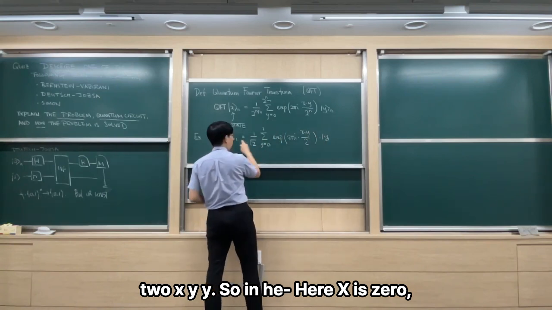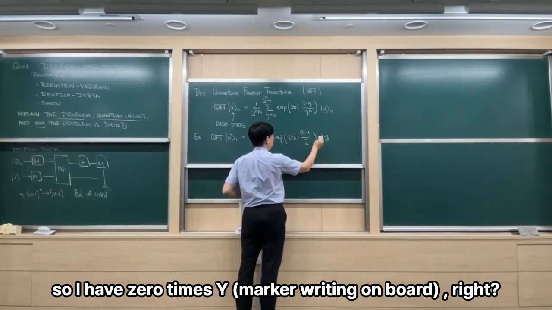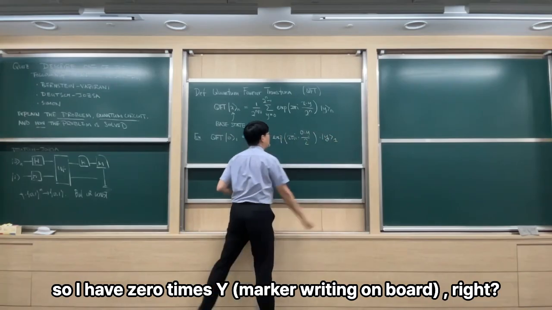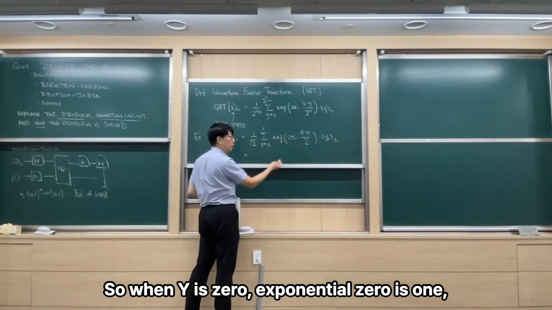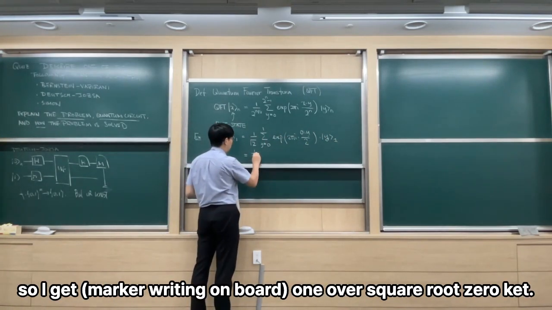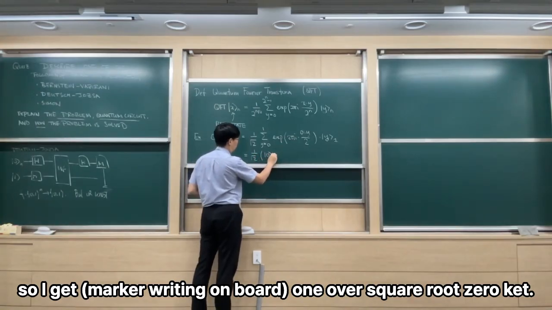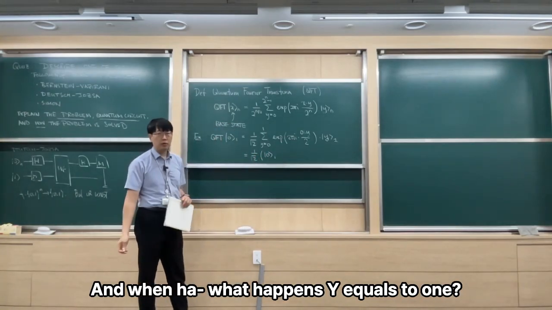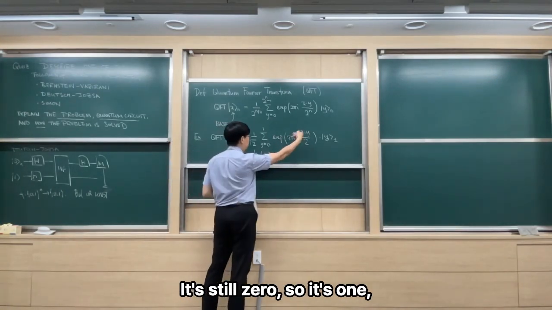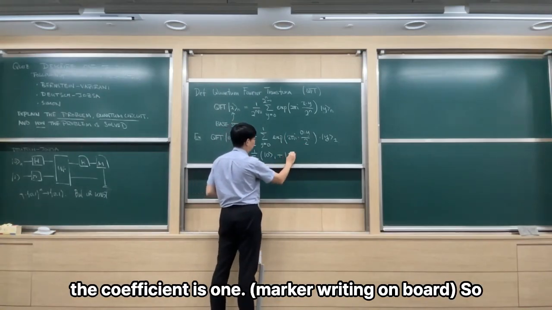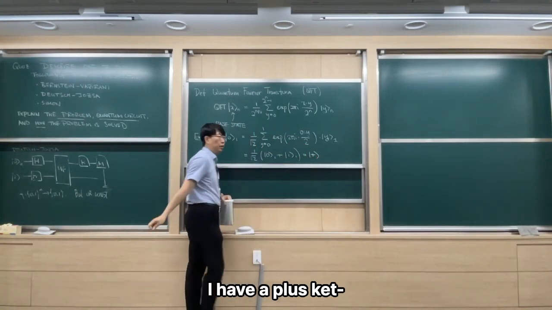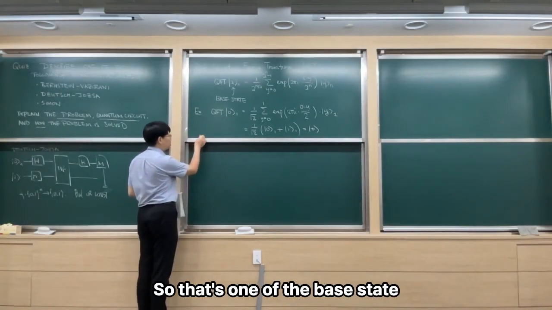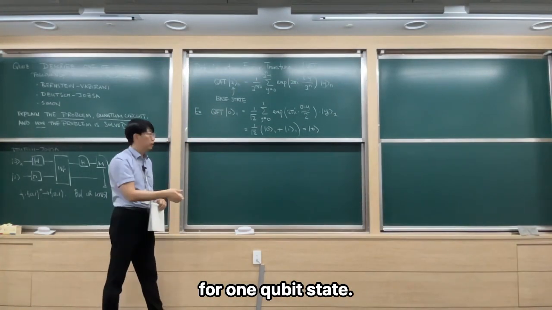Here x is 0, so I have 0 times y. When y is 0, exponential 0 is 1, so I get 1 over square root of 2 times the 0 ket. And what happens when y equals 1? It's still 0, so the coefficient is 1. So I have a plus ket. That's one of the basis states for a 1-qubit state.